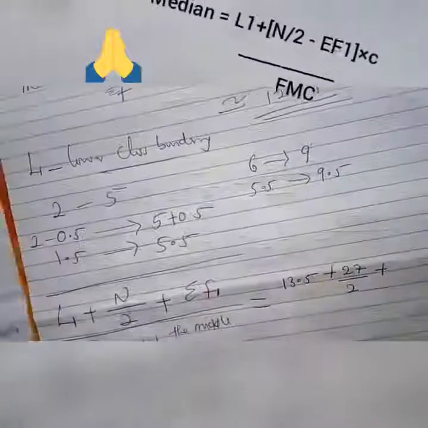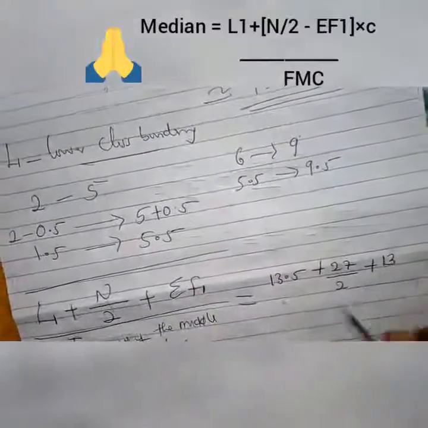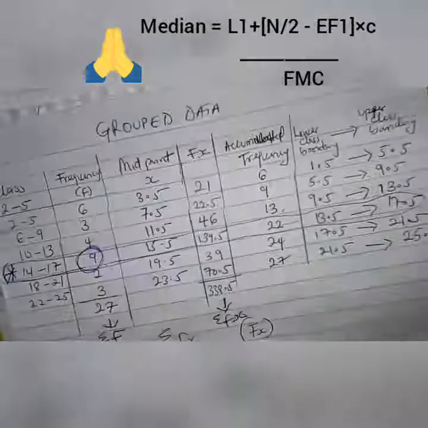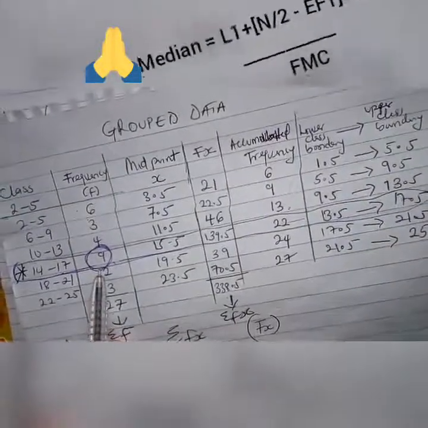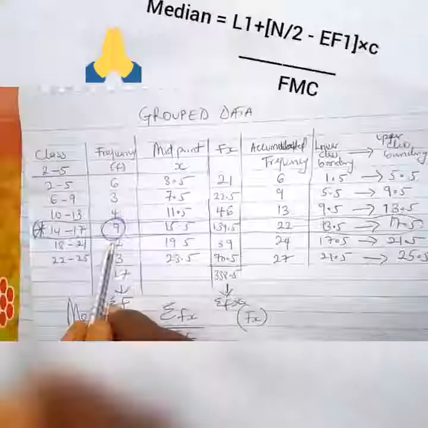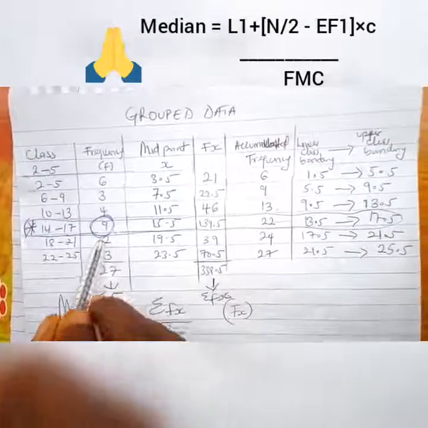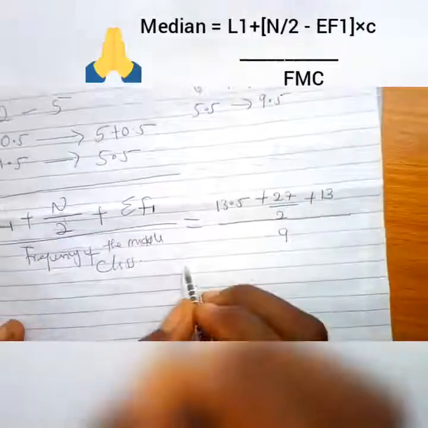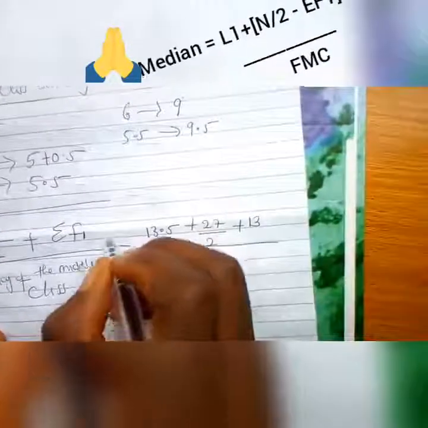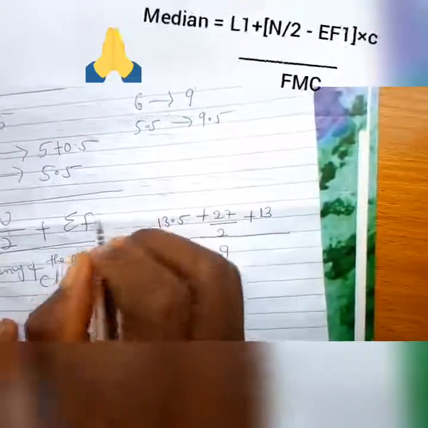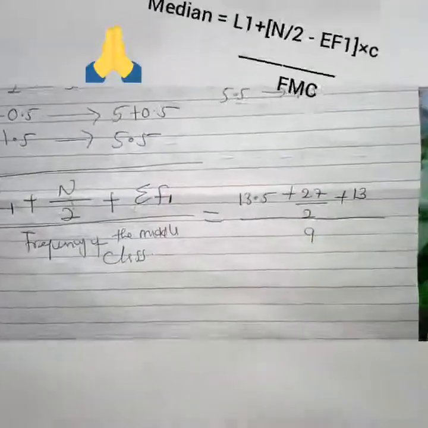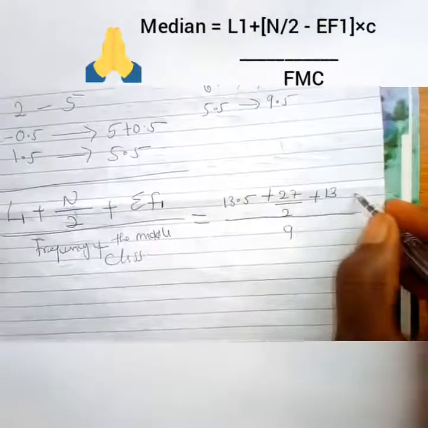So you have your 13 down here. Then over what? The frequency of the middle class. What is the frequency of the middle class? That is 9. I hope you get that. The frequency of the middle class is 9. So then you have it this way. Then all this multiplied by C.